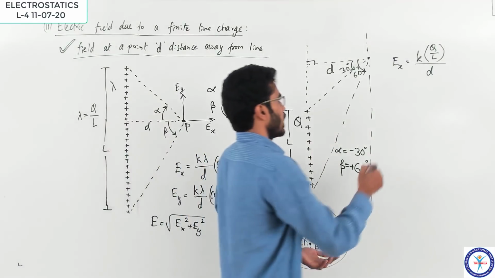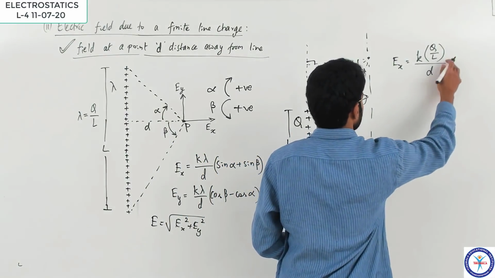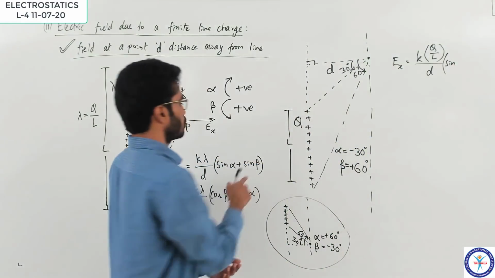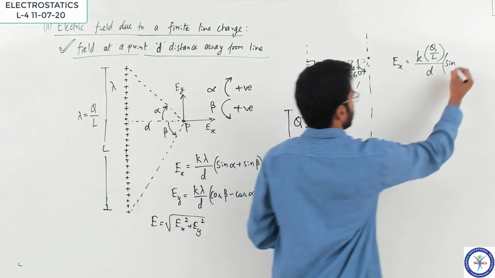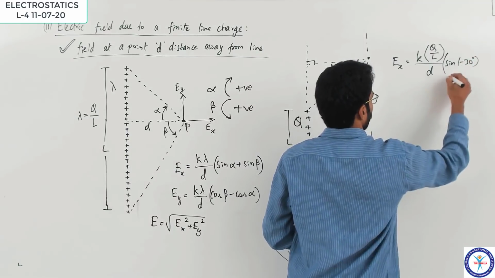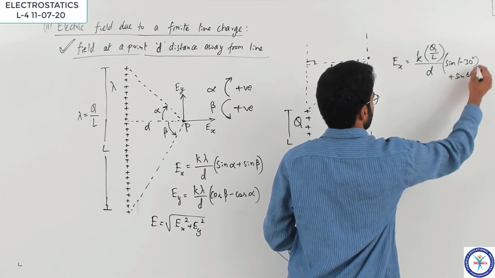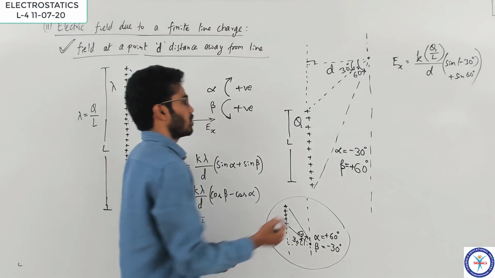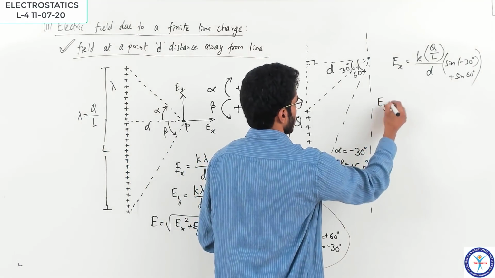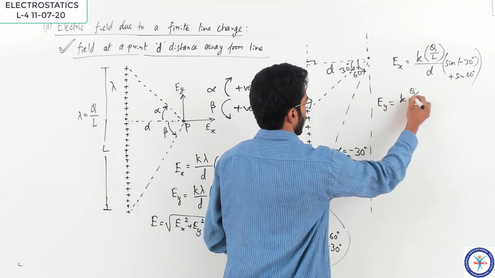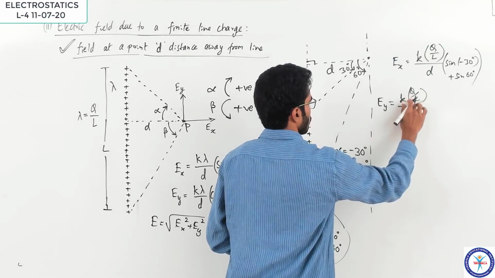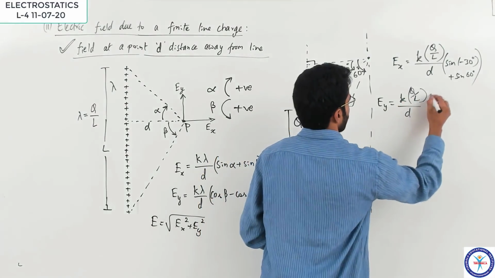So substituting these values, it is k lambda by d into sine alpha plus sine beta, sine 60 plus sine minus 30. Similarly, you can calculate Ey. Ey will be k lambda by d into cos beta minus cos alpha.